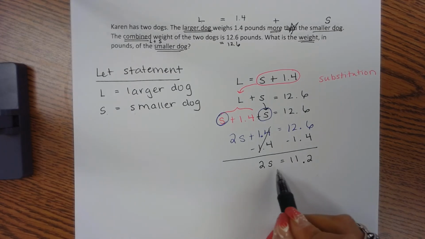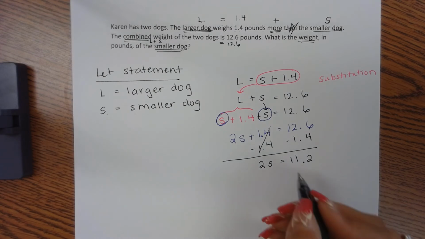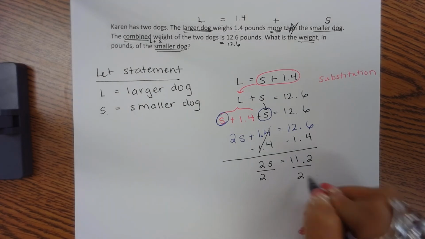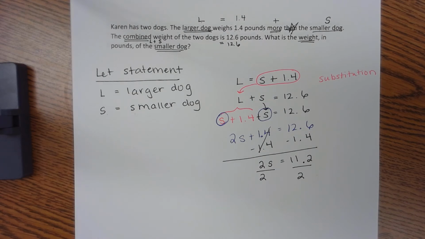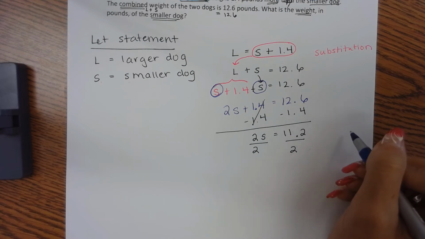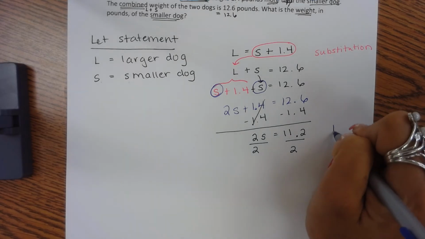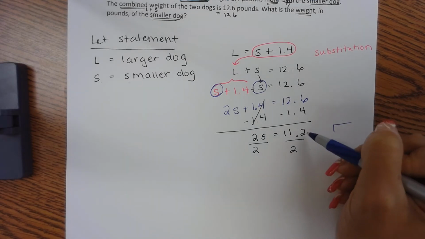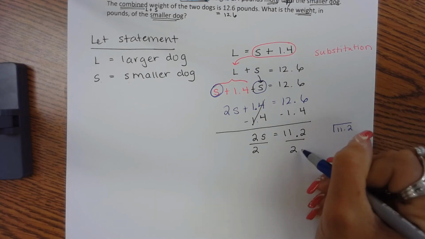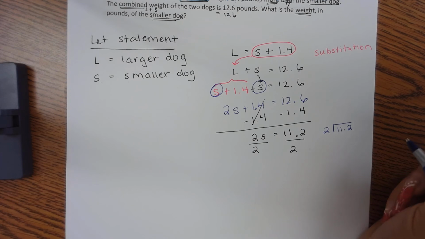S is still not alone, so what we're going to do is divide by 2, divide by 2. And so we're going to go ahead and do some long division off to the side. Whatever's on top goes inside, 11.2. This 2 goes on the outside.